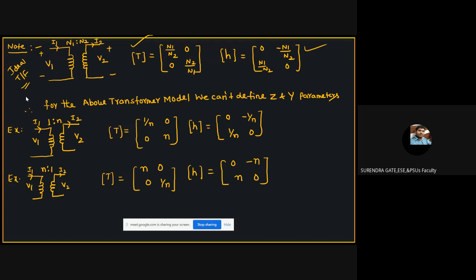And one more important network, very important. Let's consider a lattice network. Let this impedance be ZA, and this be ZD.